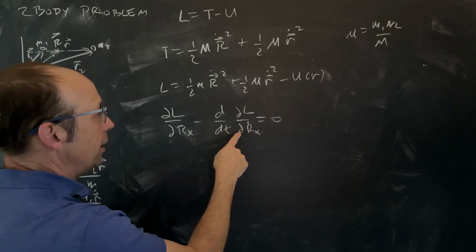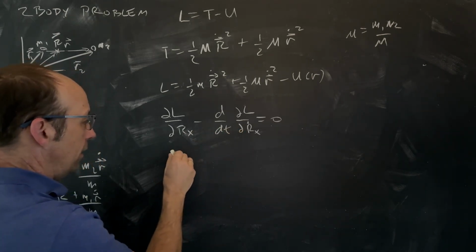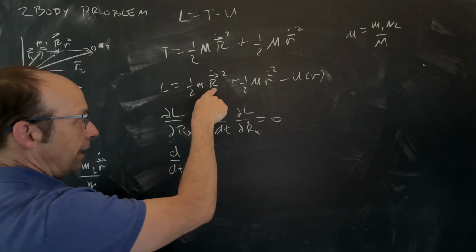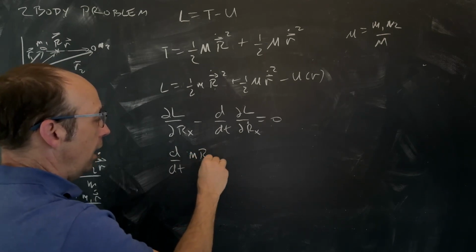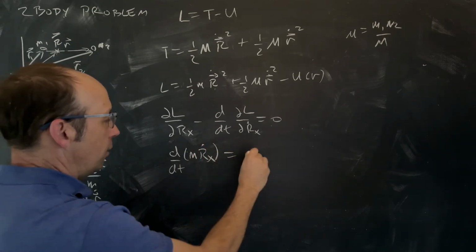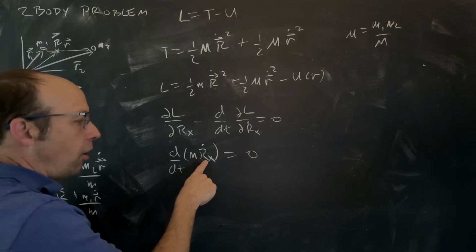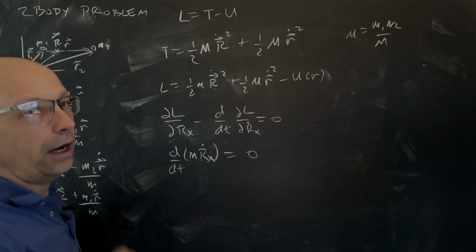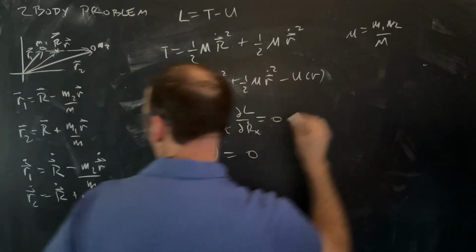And the derivative with respect to time of, if there's an Rx in there, I get M Rx dot equals 0. Okay. So that means that M Rx dot is equal to a constant. And I could do the same thing for the y and the z directions. So what I get is, I'll put it over here.